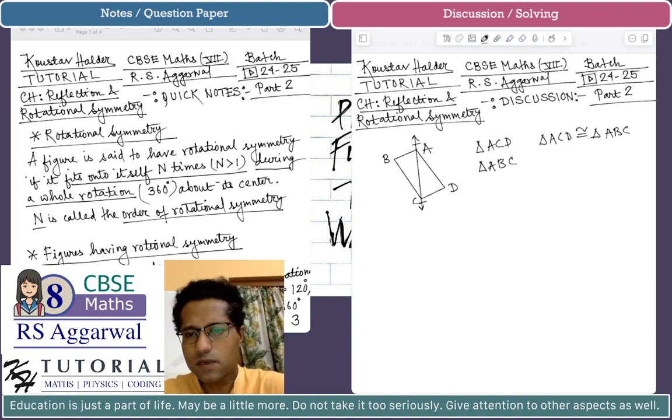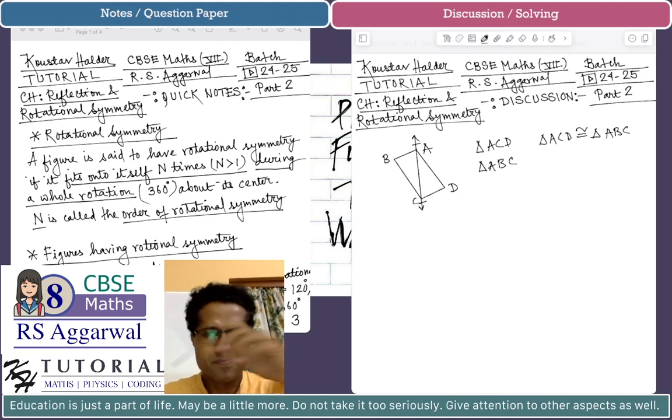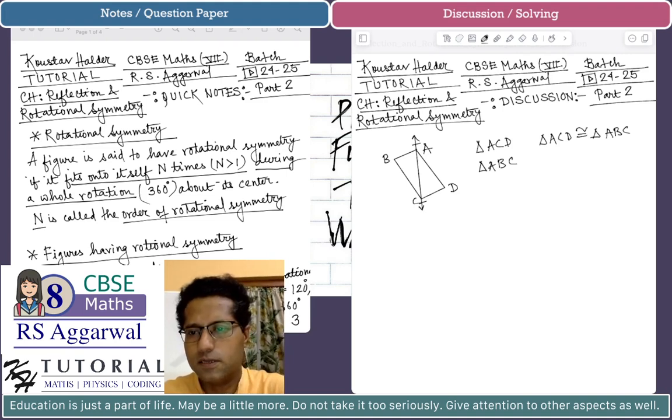Meaning, if you imagine taking the reflection of triangle ACD about the diagonal AC, let's say I have this diagonal AC. We are considering the diagonal AC as the line of symmetry.